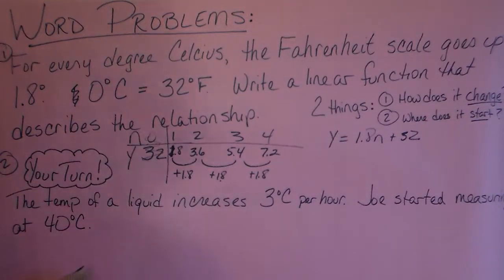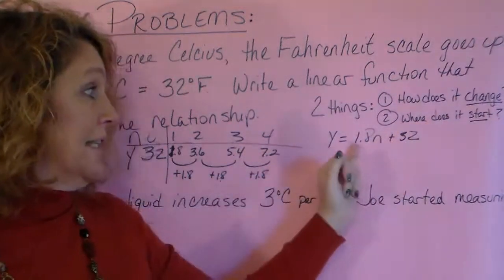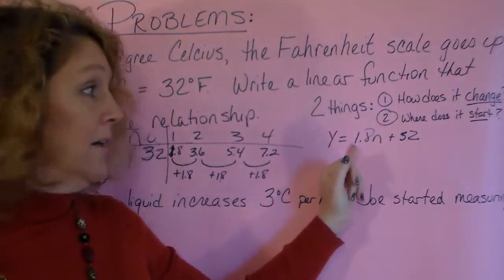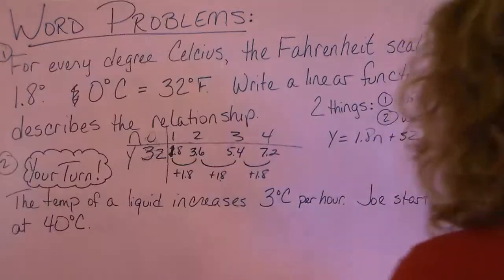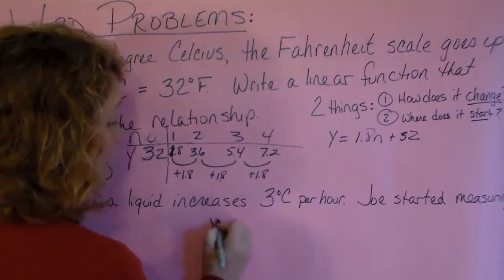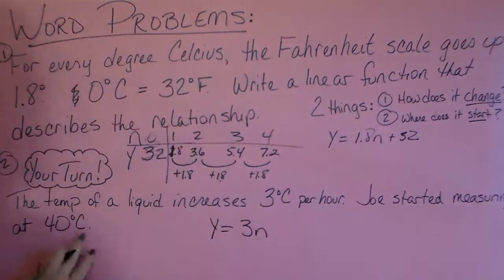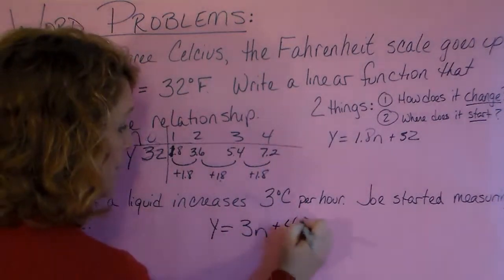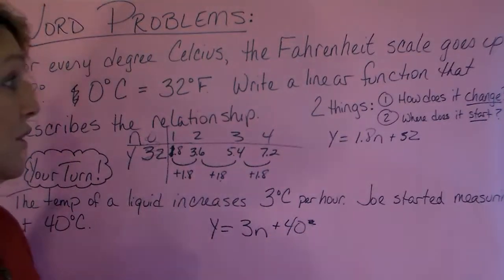So your job is to tell me how it changes, because that's going to be the number before n, and where it starts, and that's going to be your plus or minus. So it increases 3 degrees per hour, that's going to be our 3n. And he started measuring at 40 degrees Celsius. This is our linear function.